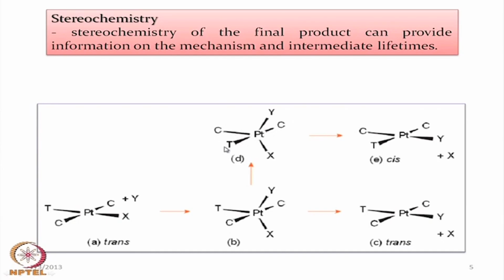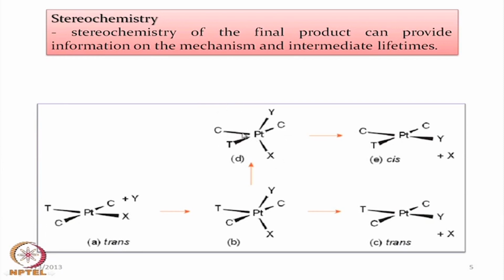And now we have T and the trans C at 180 degree, where T is our trans labilizing group, and in this particular case we can have corresponding geometries of a different type.